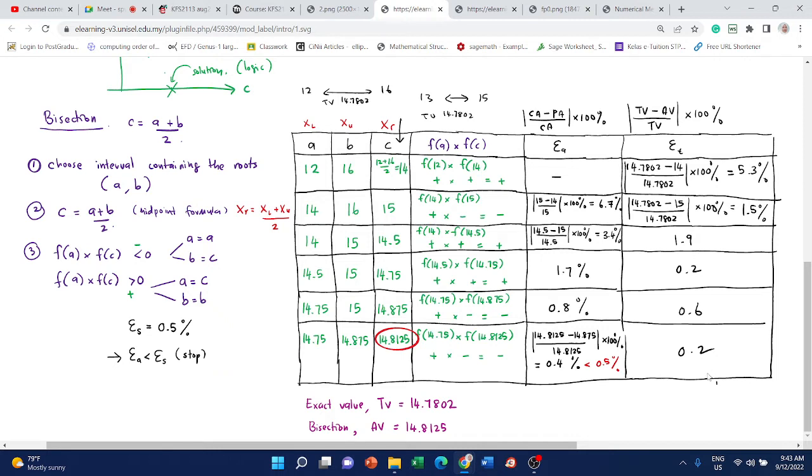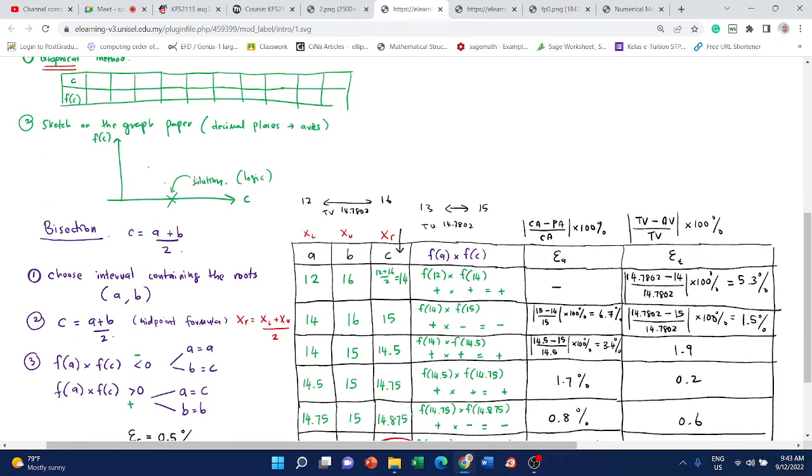Usually the final one that we consider for the relative error is at the approximation value here. So here, 0.2 is the final relative error that later on we will use as a percentage to compare with other methods.